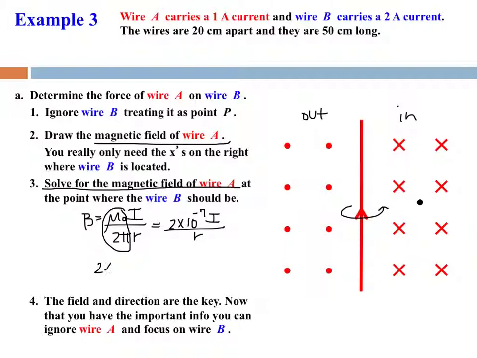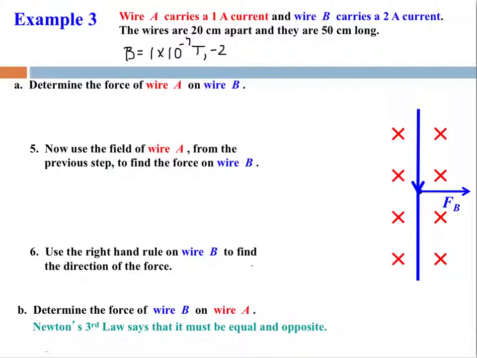So 2 times 10 to the negative 7 times our current of wire A, so that's 1, divided by the distance between them. Again, they're 20 centimeters apart, or 0.2 meters. Gives us a value of 1 times 10 to the negative 6 Tesla, and this is going in the negative z direction. Again, we just solved for the magnetic field produced by wire A.